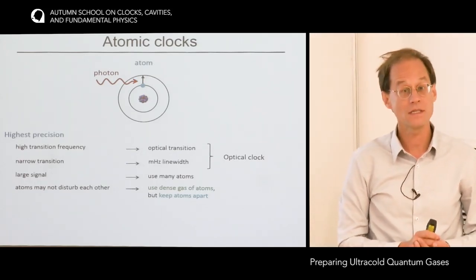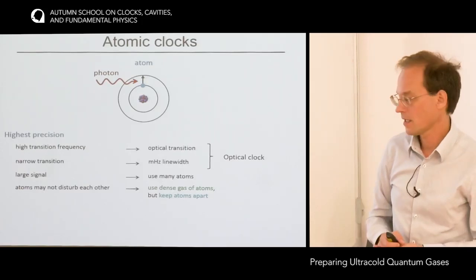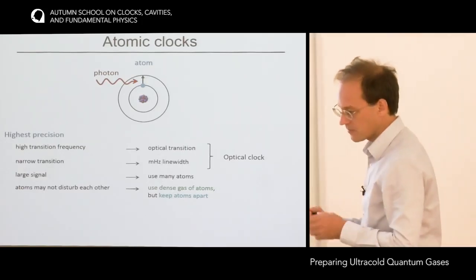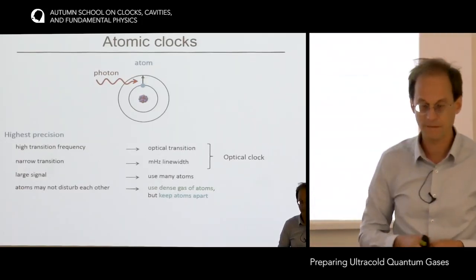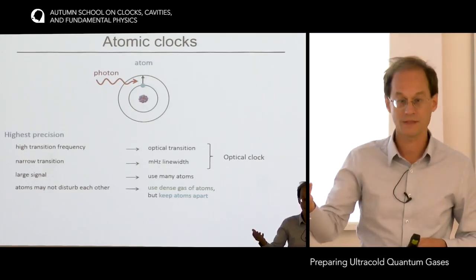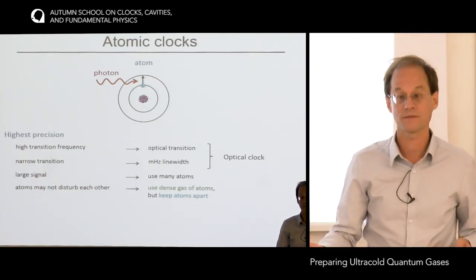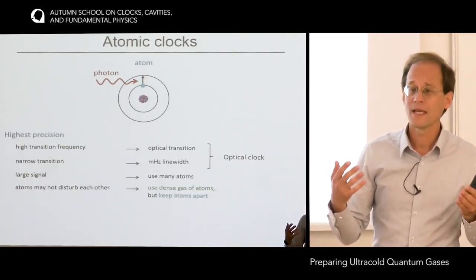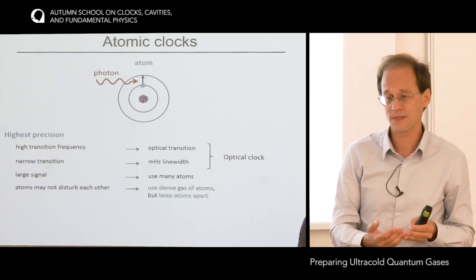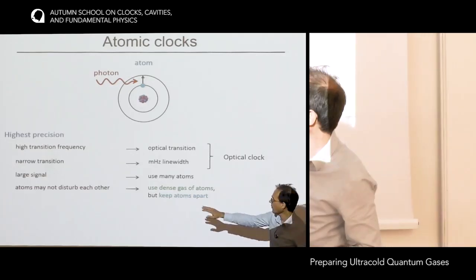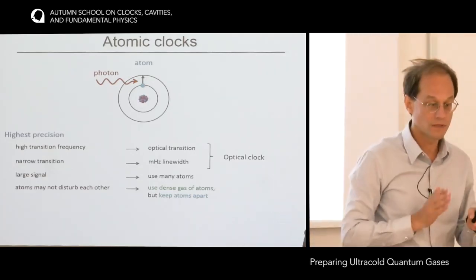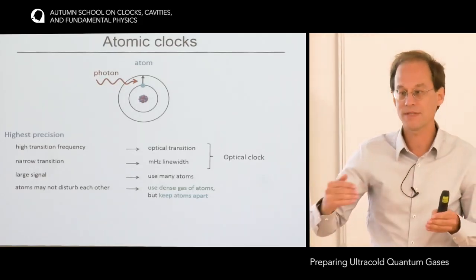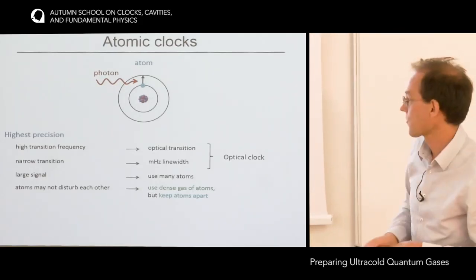However, we still want a lot of atoms, and the laser beams with which we can influence our atoms have a finite size. For example, optical dipole traps have a size of typically 100 micrometers. So we want a quite dense gas of atoms and still avoid these disturbances. So we will want to nicely separate these atoms one from the other.